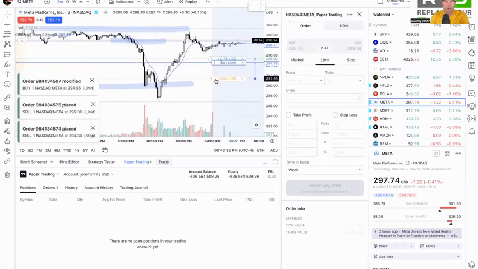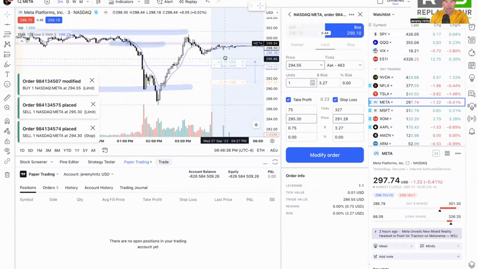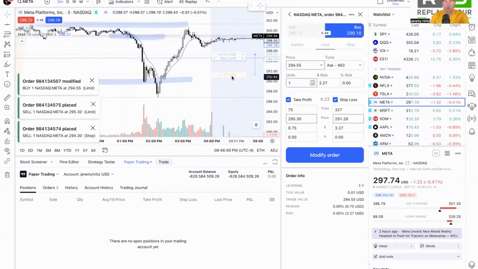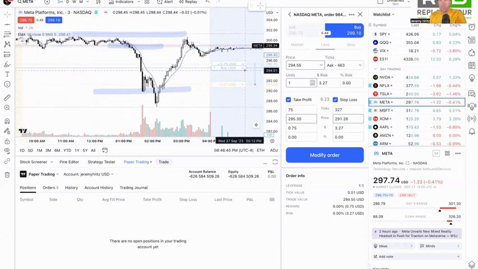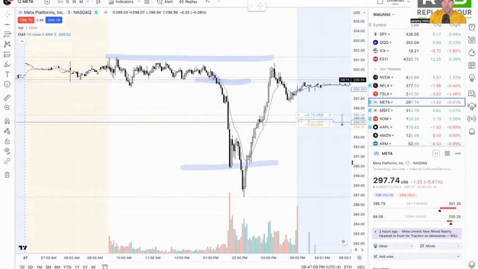It will show your entry, your stop, all that on the screen, and then you can just drag and drop it. Right now, I really don't use this paper trading system, but for those of you who want to experiment with paper trading, you can do it right here on TradingView. But it's pretty easy to modify your stop loss and your profit taker. You can drag and drop some of it, or you just click on a button, update the price and hit submit. It's pretty easy to do.